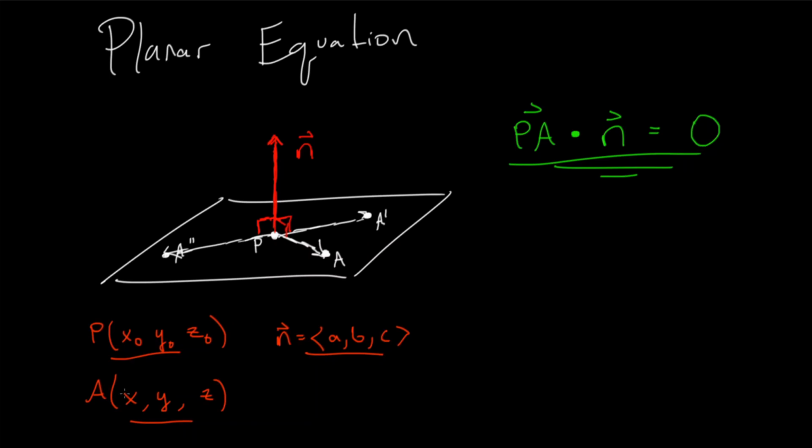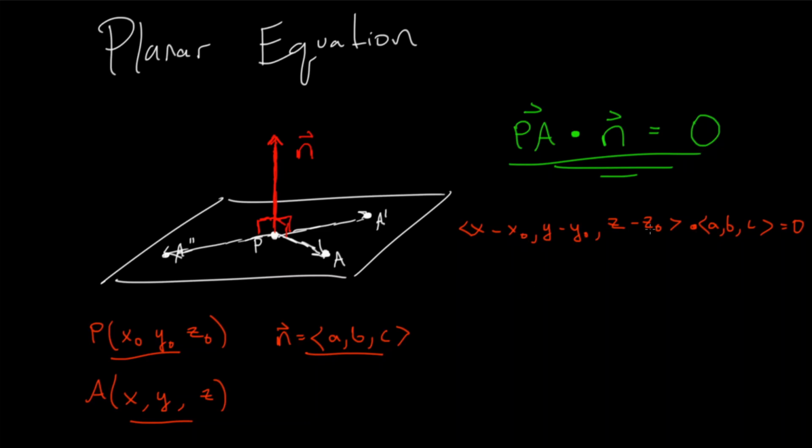So PA, that's just going to be X minus X naught, comma, Y minus Y naught, because I said so, and Z minus Z naught, dotted with A, B, C. And that is 0 because the normal vector is perpendicular to this arbitrary vector PA.